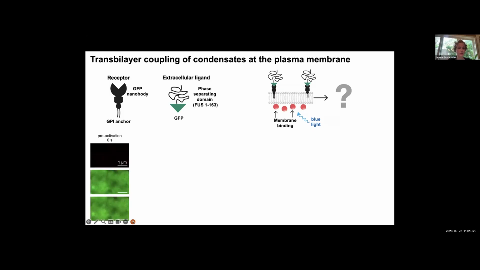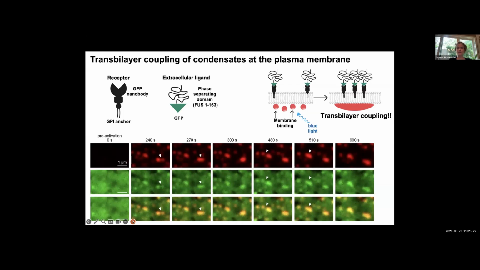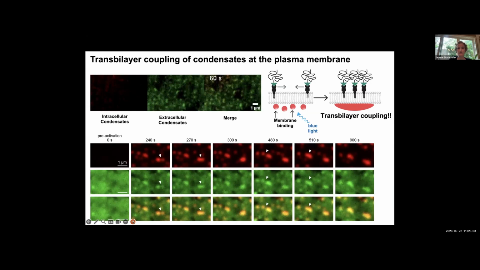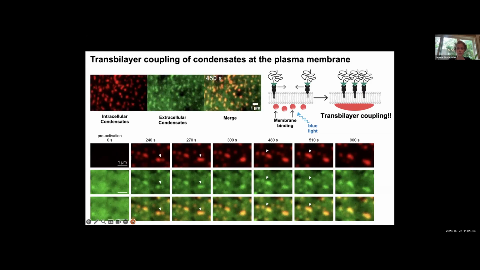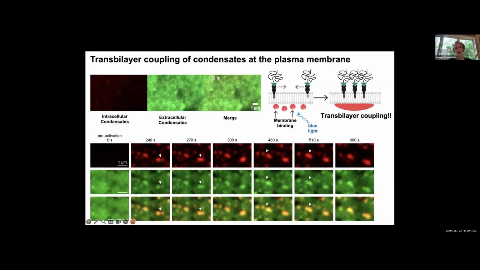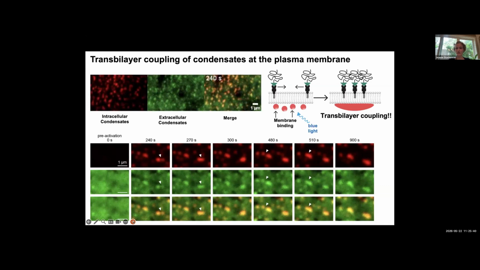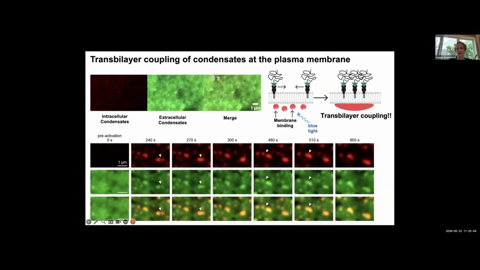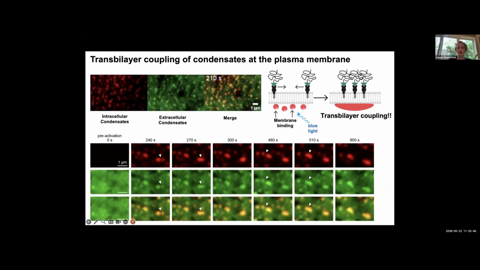So before he turns on the blue light, the protein on the outer surface is not at a high enough concentration to form condensates. But then when you trigger assembly of condensates on the inner surface, you spontaneously see condensation on the outer surface. So it seems that this coupling can occur also in the very complex environment of the plasma membrane. And our ongoing work is just to understand how this happens, the sensitivity to various types of lipids and anchors and proteins, etc.